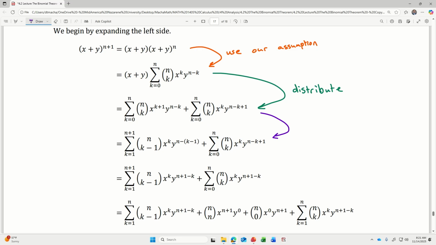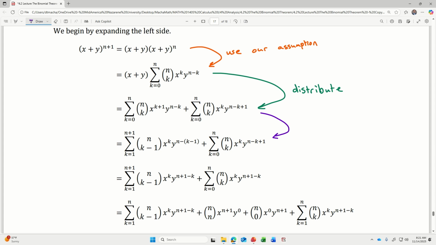So, what I'm doing in this purple step is notice the second sum is staying exactly the same as it was before. No changes to the second one. But for the first one, there's something really, really subtle happening. Is it Pascal's rule? No, it's not. It's not Pascal's rule yet. We are eventually going to use Pascal's rule, but not right now.